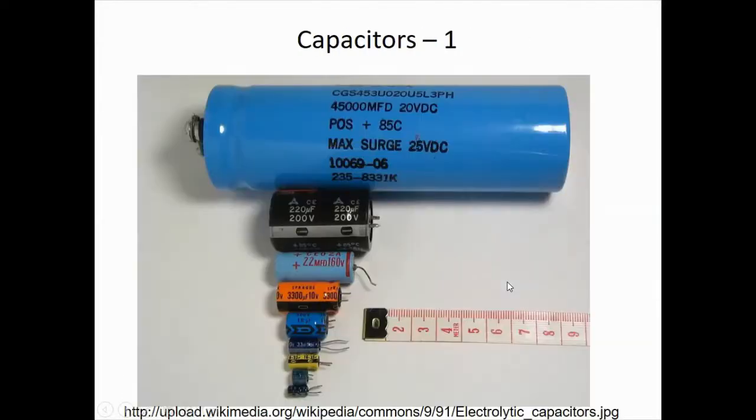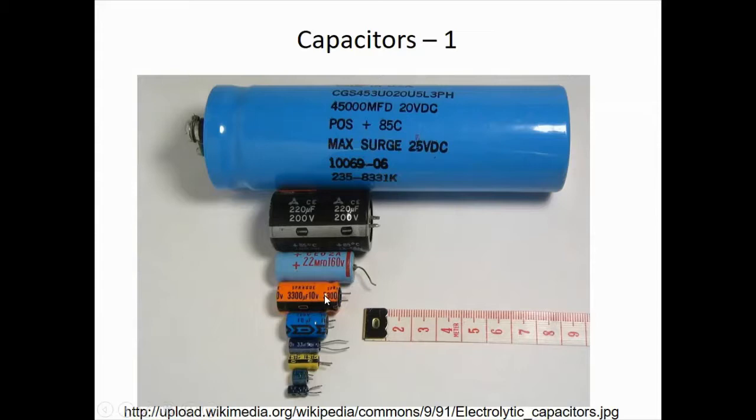These are capacitors, of different sizes. Capacitors actually do have a correlation with size, but also not. For example, all of these, from this yellow, this blue, this orange, are electrolytic capacitors. Electrolytic capacitors can give you larger values, but they are small in size.